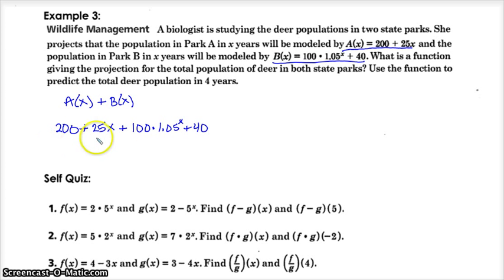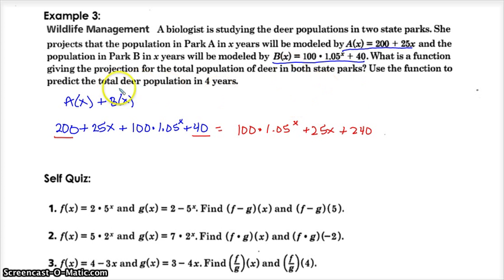From here, I'm only adding my like terms. 200 and 40 are like terms. Those are the only two I can add together. So I'm left with the function 100 times 1.05 to the x plus 25x plus 240.